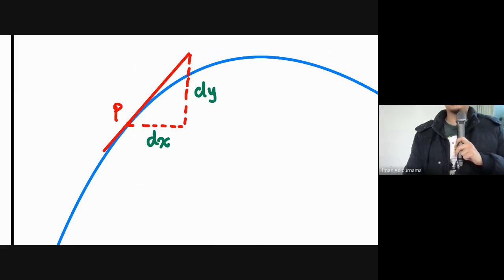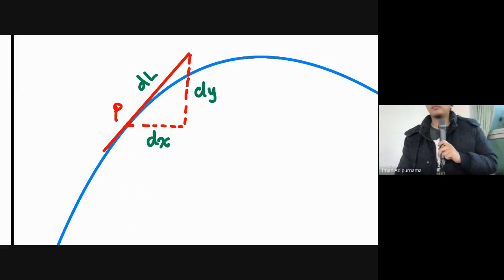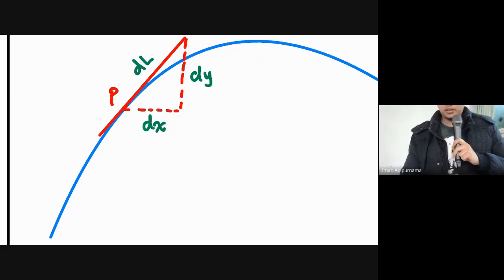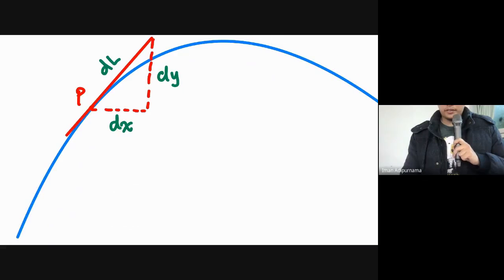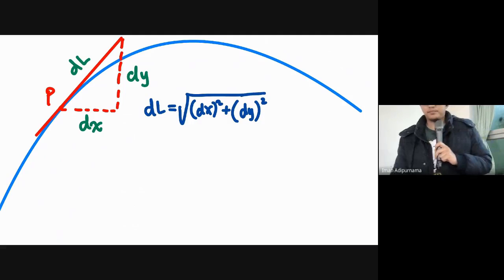And let's say our tangent line element is dl. We can prove this through the Pythagorean formula, in which dl is the square root of dx squared plus dy squared.